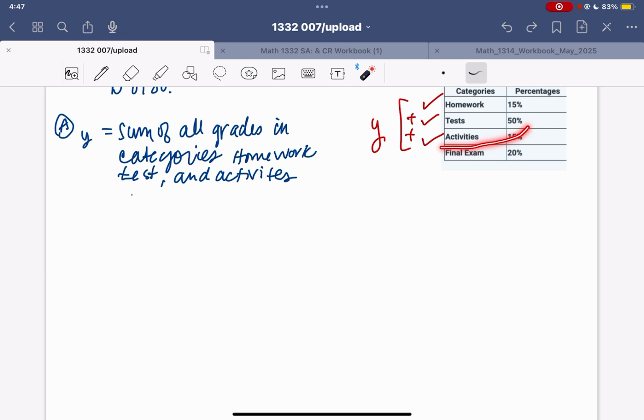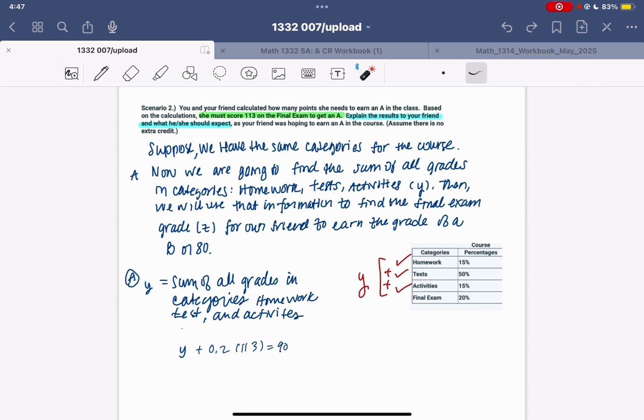But what would all those averages be if we did the percentages based on 15, 50, and 50 for those three categories? So that's going to be Y. And then we're going to add it to the final exam, which was given to us earlier, of 113.